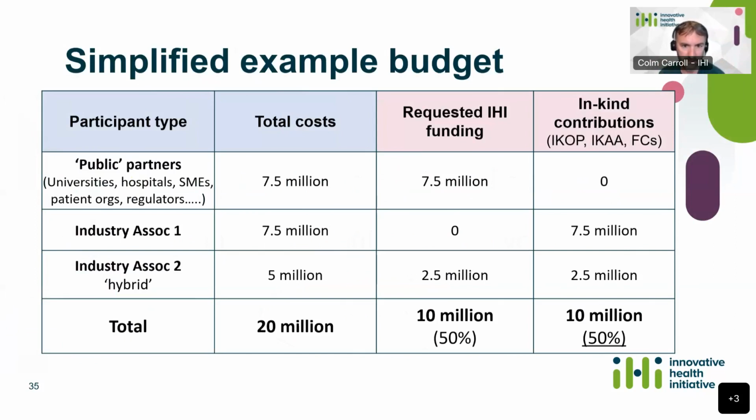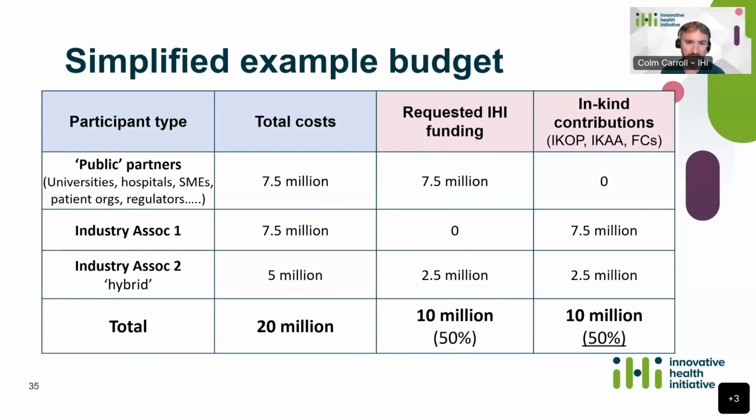On the first row, under what we loosely call the public partners, because they receive public funding, we include SMEs. So an SME could ask for all their costs to be fully reimbursed within the scope of the project. An SME could also come as a member of one of the industry associations, or, as Domenico said, as a contributing partner, where they don't ask for any of their costs to be reimbursed and give this as an in-kind contribution.